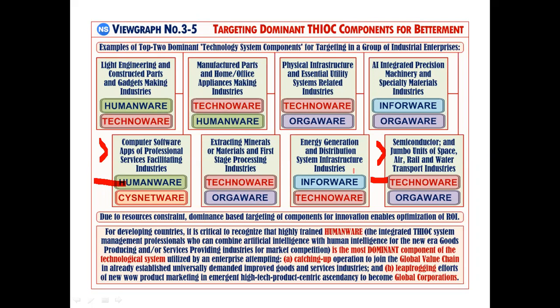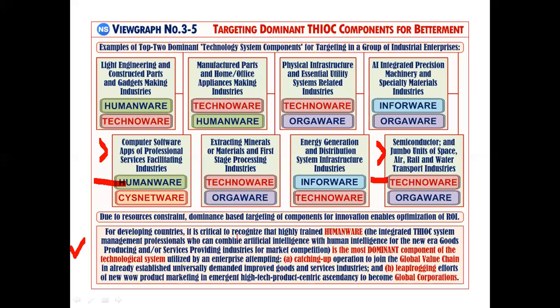Having said that, you can see that this gives us some advantage. For developing countries, if you choose those industries where humanware is very important, and we have our humanware developed, then we have the advantage. And I am reading this for you.